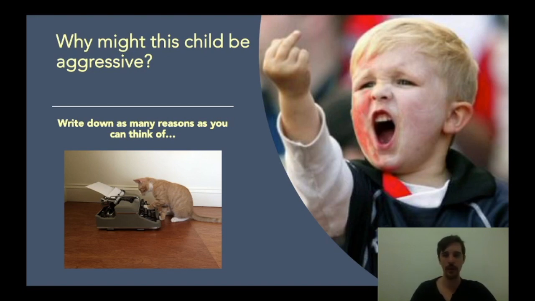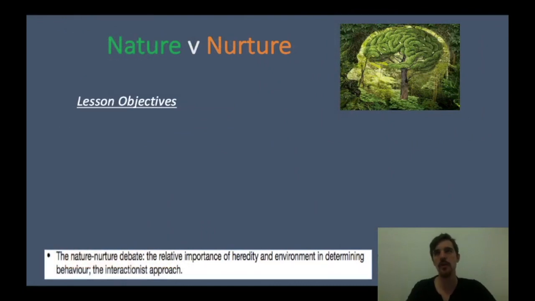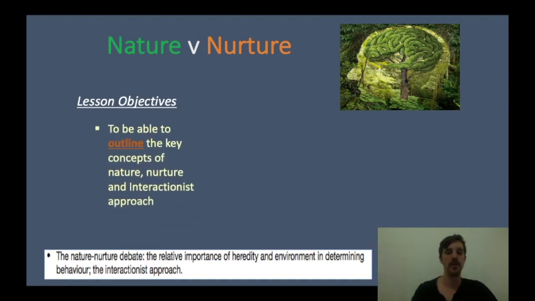Okay, so the nature versus nurture topic requires you to understand the relative importance of heredity and environment in determining behavior, and the interactionist approach. You need to be able to outline the key concepts of nature, nurture, and the interactionist approach.